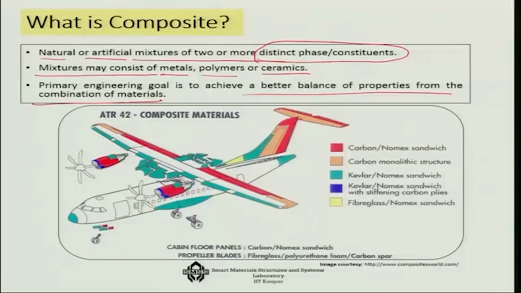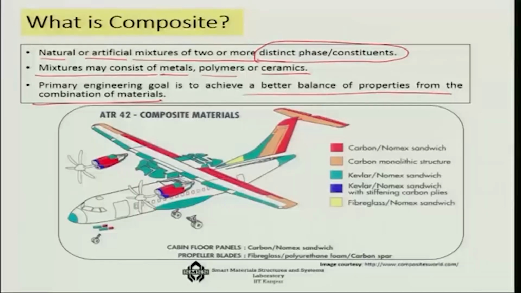Suppose the whole system must have better strength, better stiffness, better thermal conductivity, or lower expansion, better resistance to moisture, things like that. Various types of properties you can achieve by making a composite.